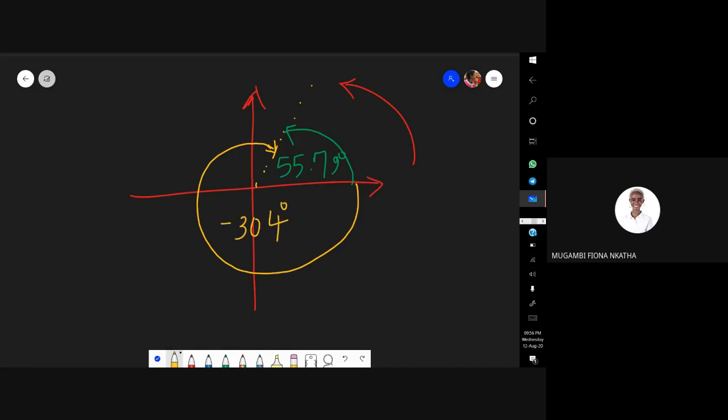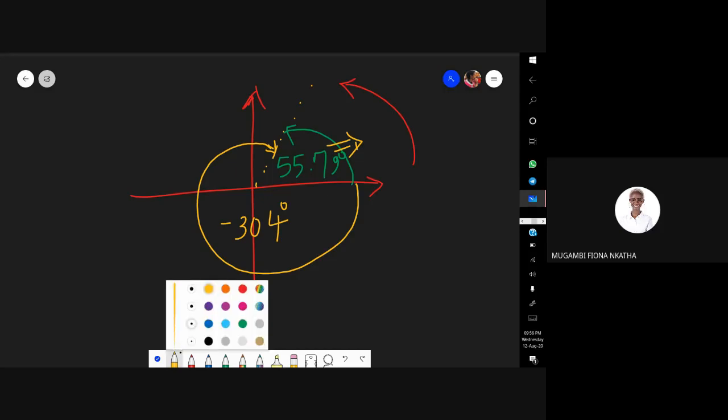That's what he's saying in many words. When you convert these degrees to radians, it becomes positive 0.973, because now this positive side is equal to this negative side. Mumeelewa?